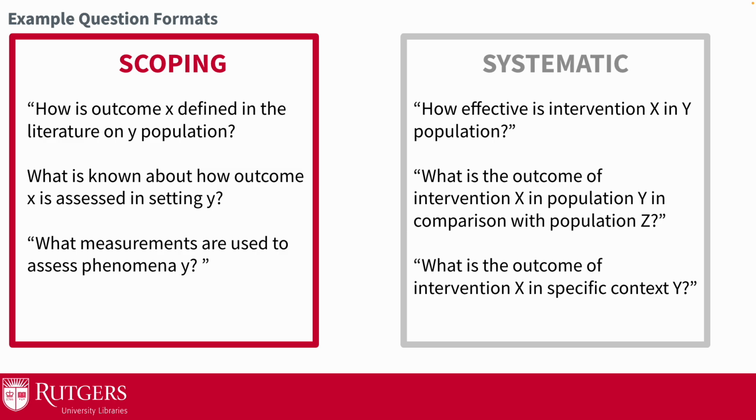How effective is intervention X in Y population? What is the outcome of intervention X in population Y in comparison with population Z? What is the outcome of intervention X in specific context Y? So you can see that although they're both formulated research questions, some of them in the systematic review category are much more specific and getting at a much more granular area of research.